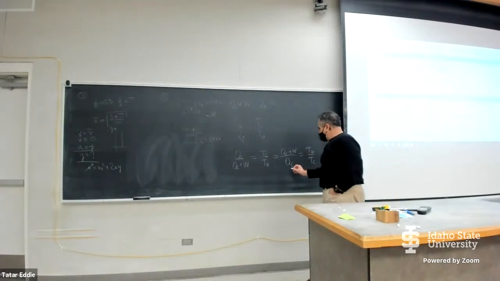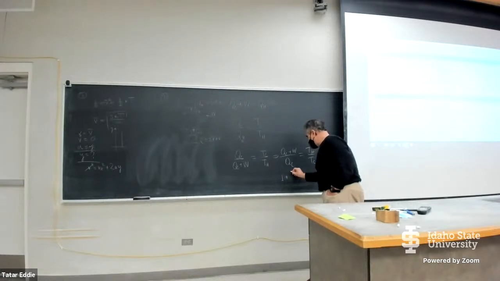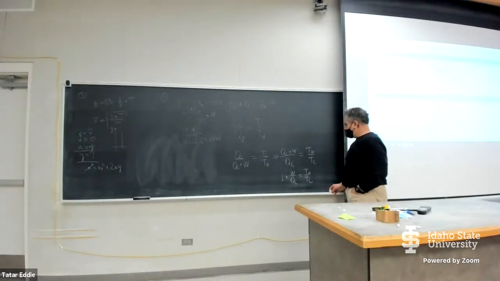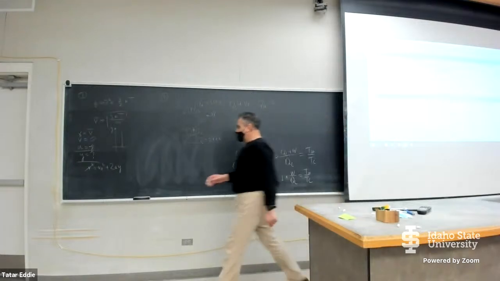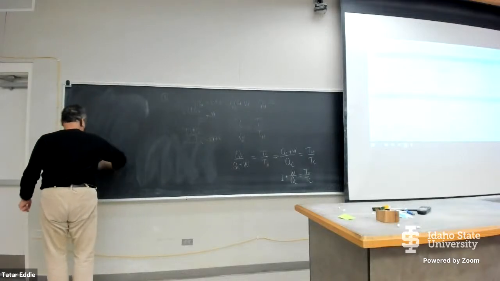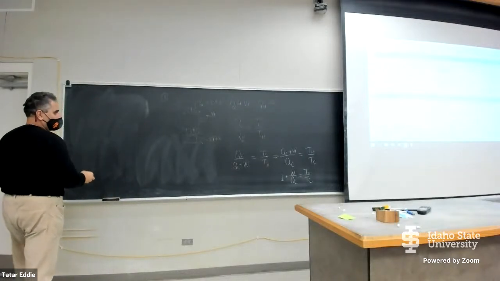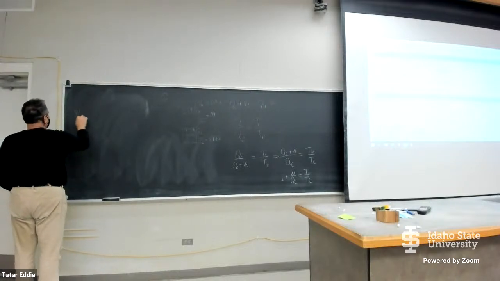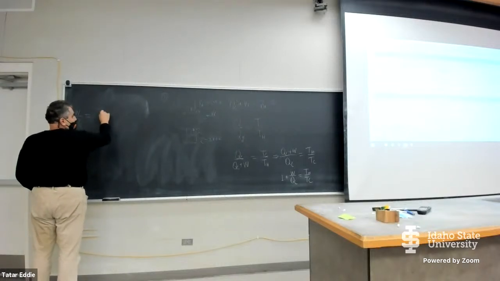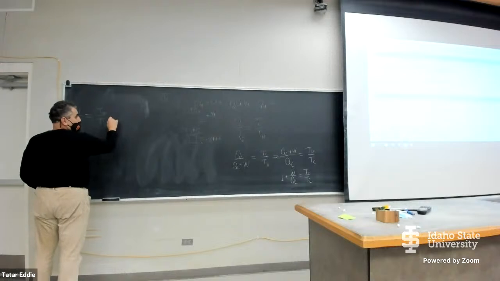This last equation looks like this. If you modify the left-hand side, it is 1 plus work divided by QC is equal to TH divided by TC. And now you have to solve for QC. So you're going to have work divided by what you're looking for, QC, is equal to TH divided by TC minus 1.